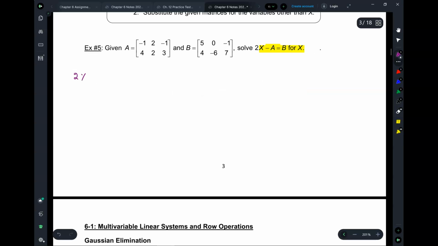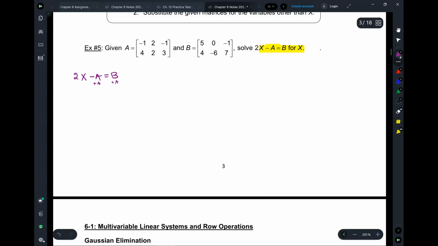So here is my equation. Notice how everything is capital. If it's capital, that means they all represent matrices. A, B, X are all matrices. So let's solve this for X. We're going to add A to both sides.